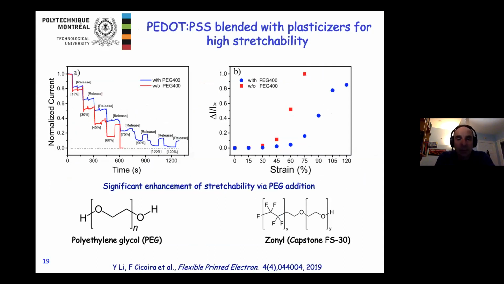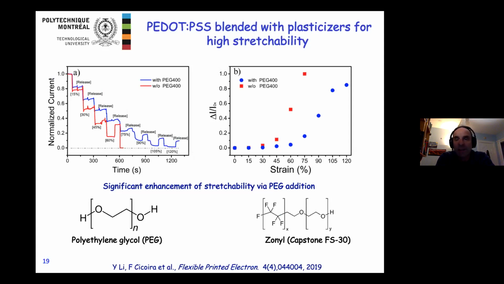Another approach, which is probably the most interesting, is to blend the material with plasticizers. In this case, we used a polyethylene glycol plasticizer added directly to the water formulation of PEDOT, and we processed this into films. What we got here is pretty interesting, especially if you look at the graph on the right, where we measure the change in current upon strain.